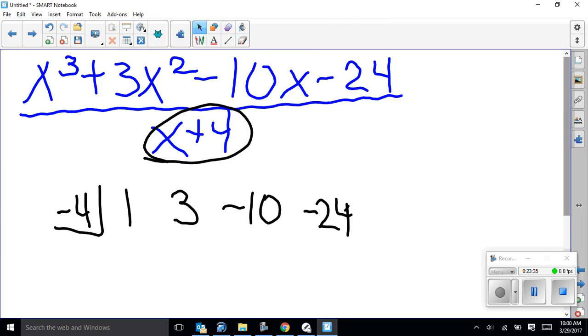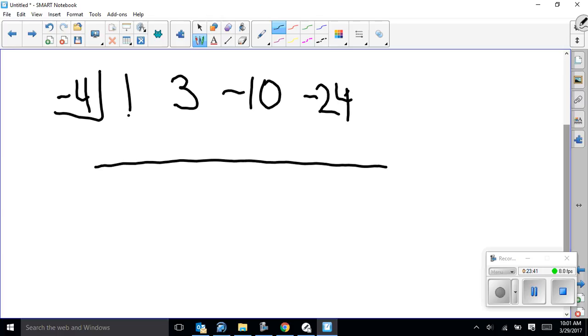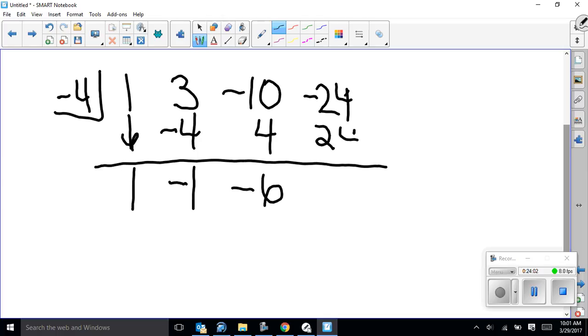Alright, so now we have that set up. We're going to bring our first number down. So now we're going to move in a diagonal. So negative 4 times 1. Alright, so this was x cubed, right?